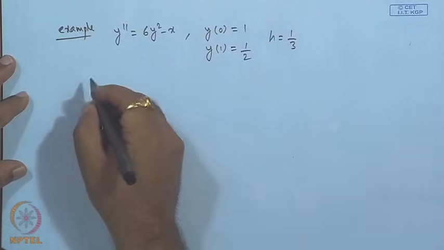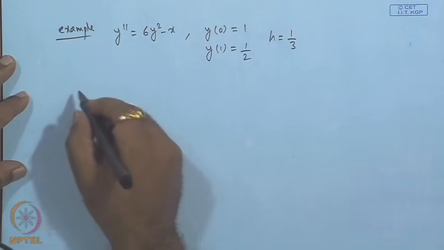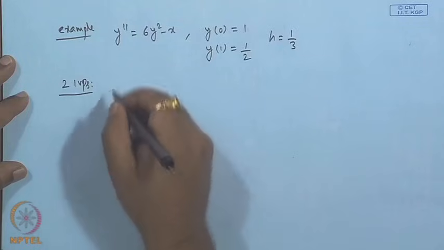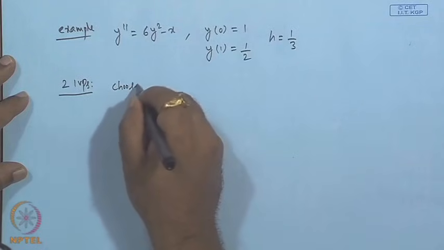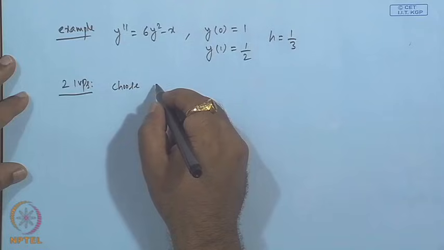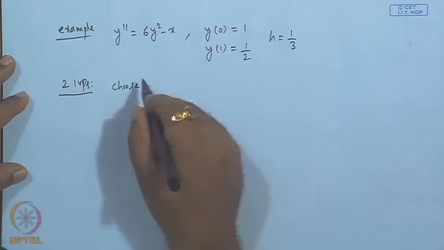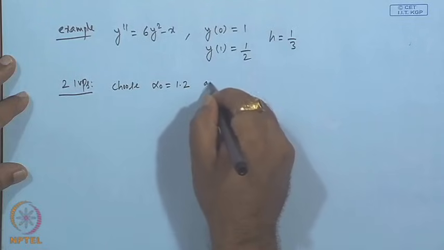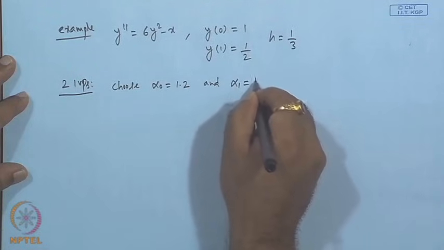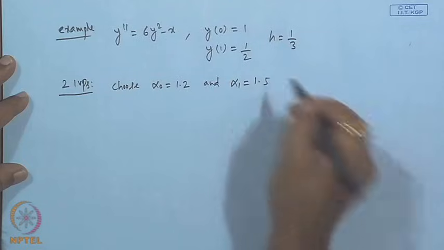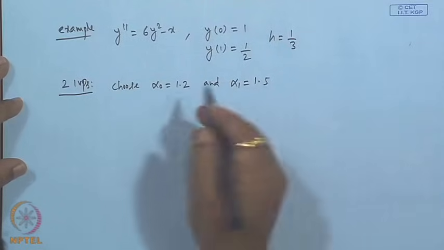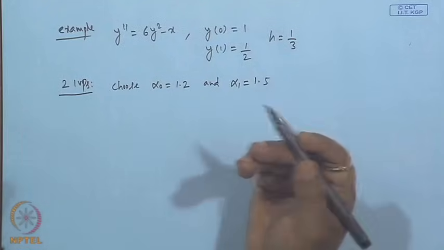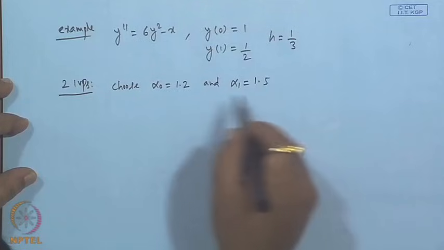Now the two IVPs. So, choose alpha 0 and alpha 1. Alpha 0 is 1.2 and alpha 1 is 1.5. These initial choices may come from physical data or some experimental data. So, this is a kind of a guess.